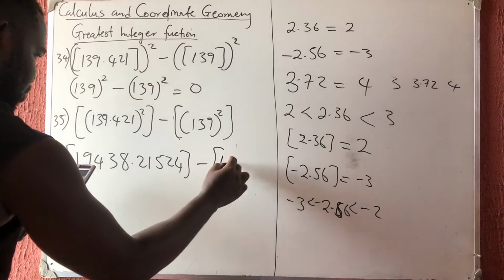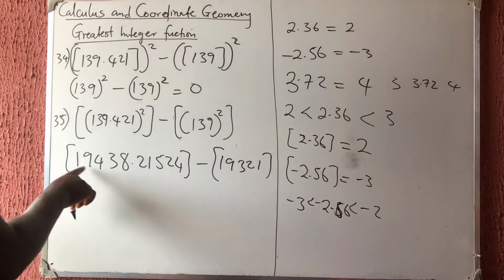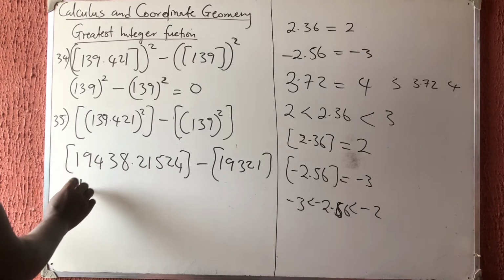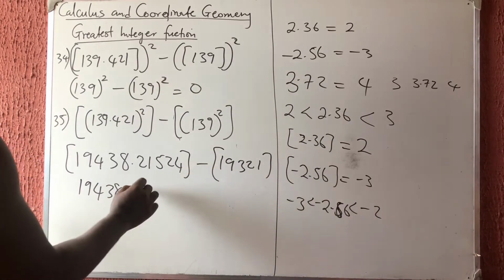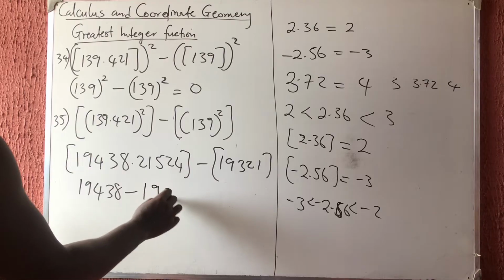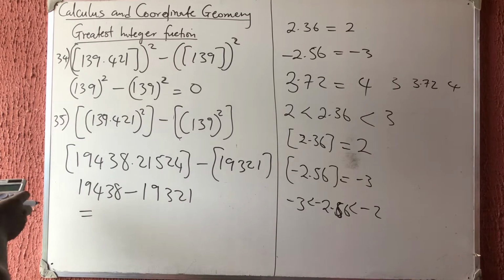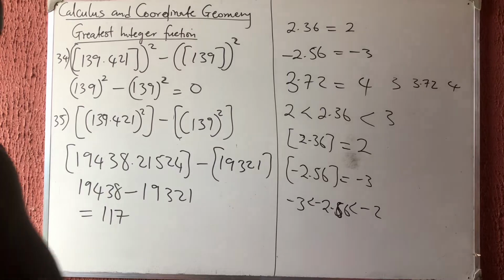I'm getting 19321. Okay, so the greatest integer function of this is a positive whole number, so I'm getting 19438, minus this one, which is already an integer, 19321. So if you subtract, I'm having 117 as the answer here, right?